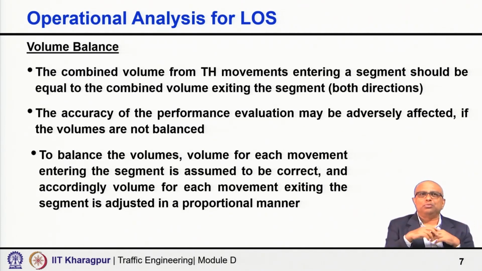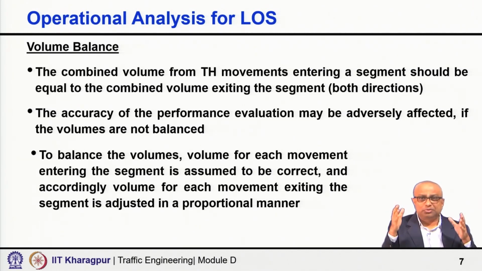To balance the volume, the volume of each movement entering the segment is assumed to be correct. Entering volume must be assumed as correct, and if the exiting volume is different, then the exiting volume must be adjusted accordingly in a proportional manner.